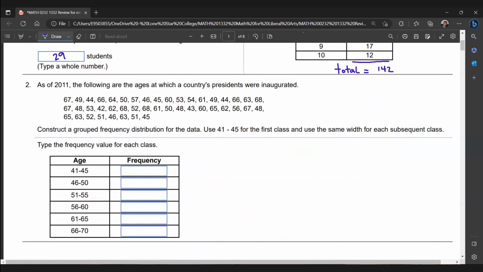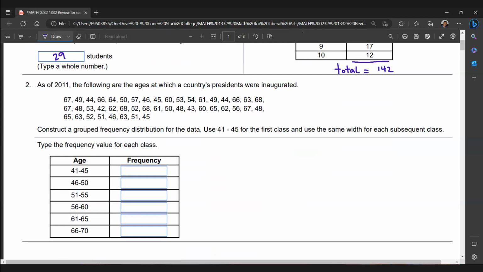Okay, let's continue. As of 2011, the following are the ages at which a country's presidents were inaugurated. 67, that's a whole bunch. So here we have a table where we would like to classify the number of presidents who were inaugurated whose ages were between 41 and 45.